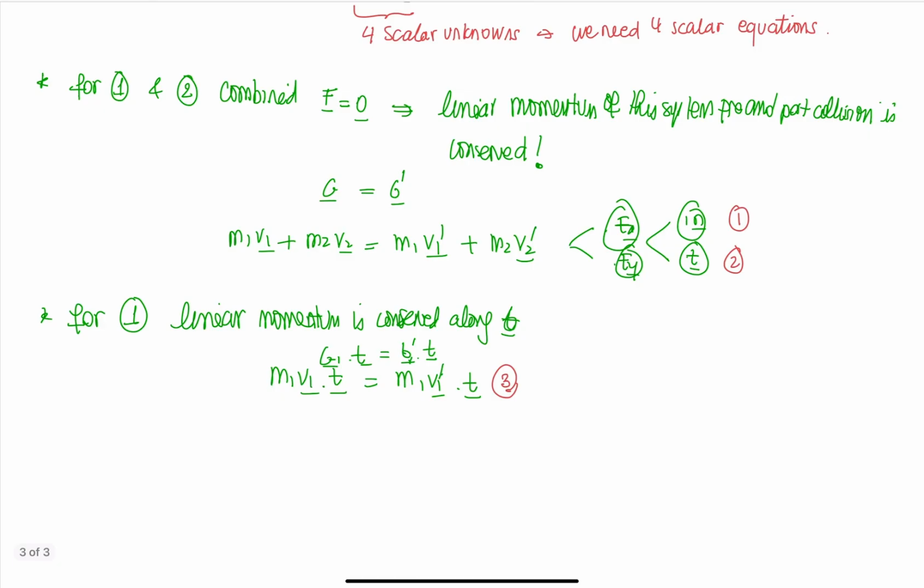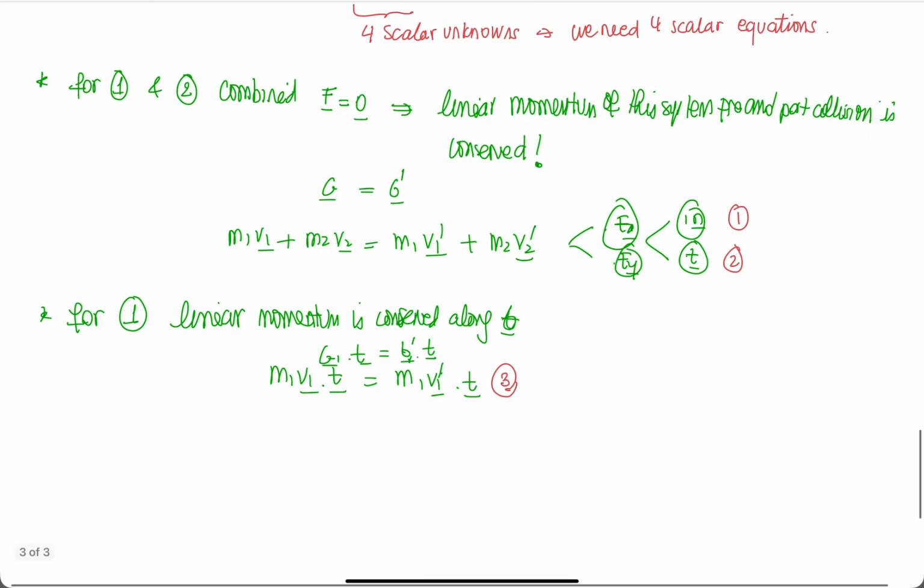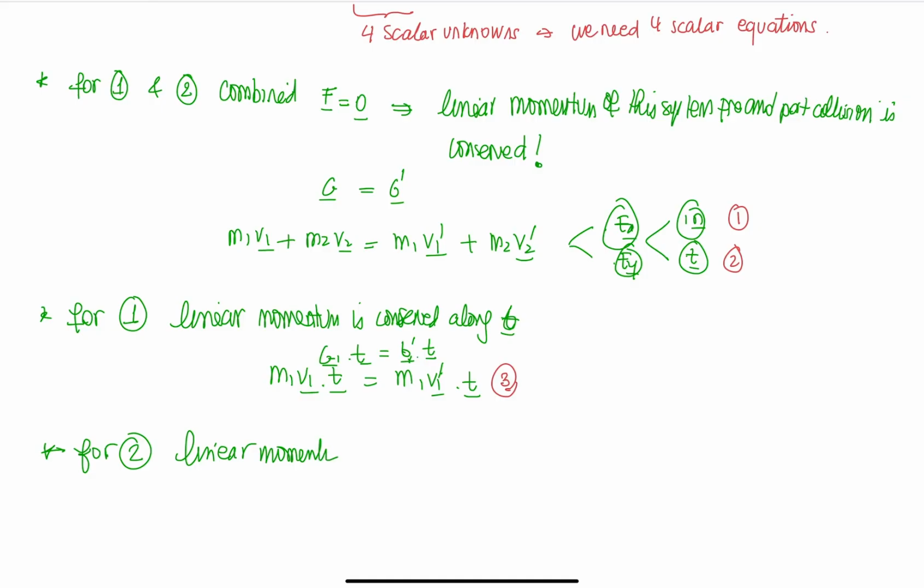And we said the same applies for particle 2. For 2 alone, linear momentum is conserved along t. So g2 dot t is equal to g2 prime dot t.